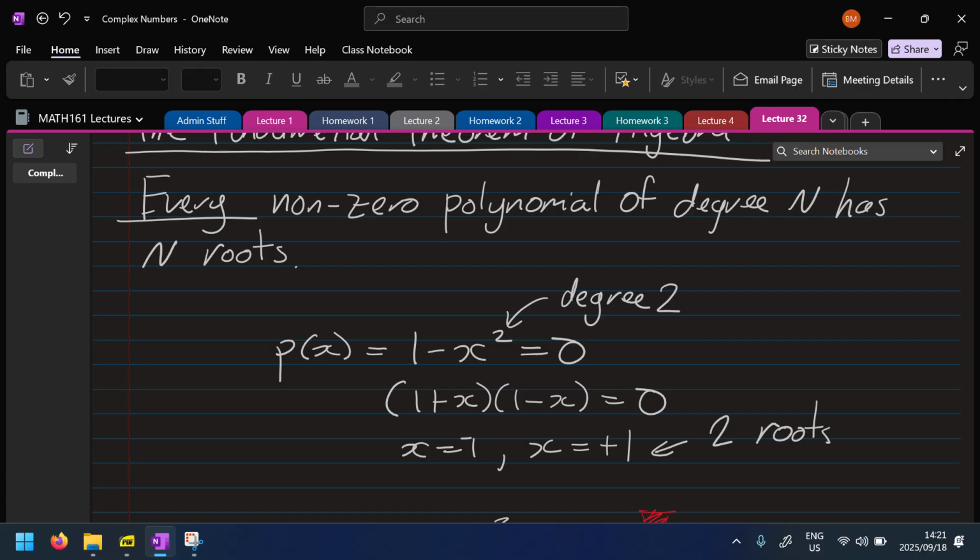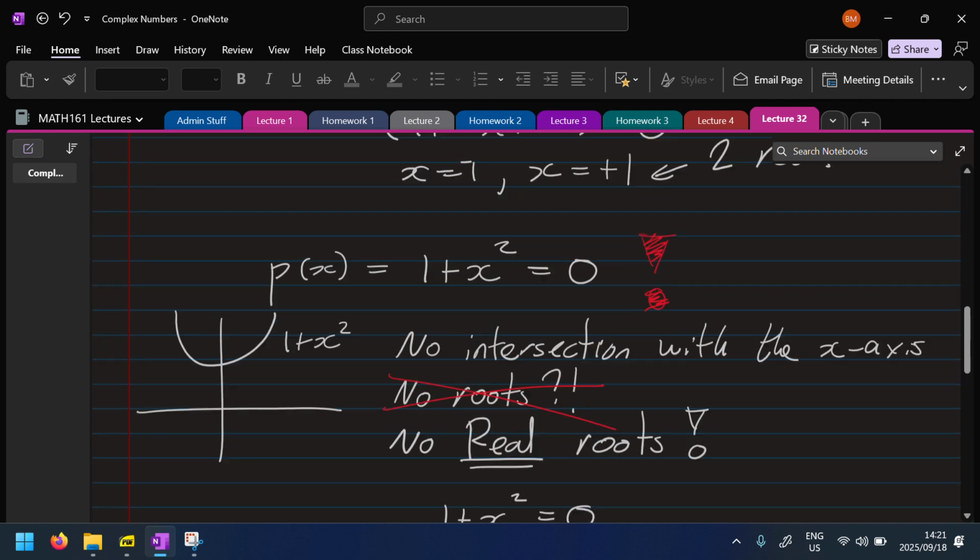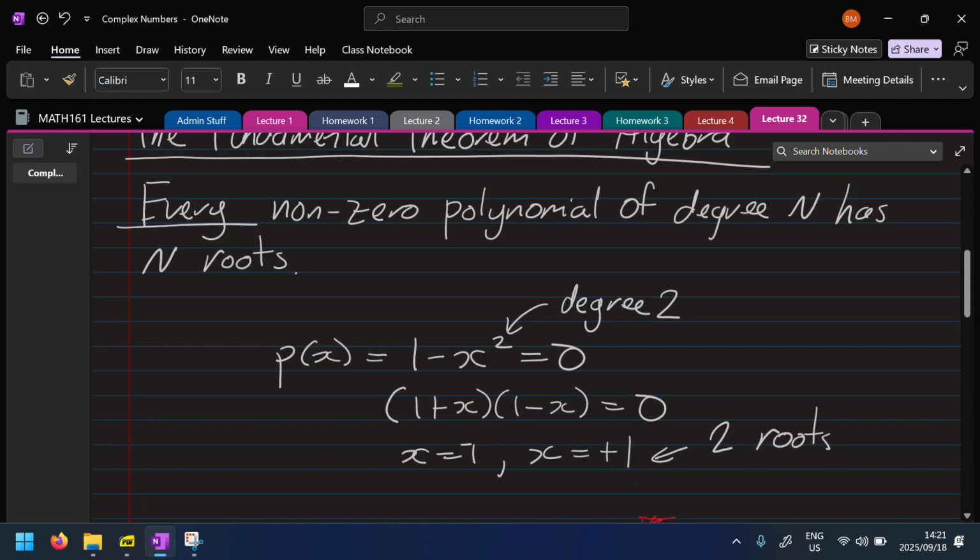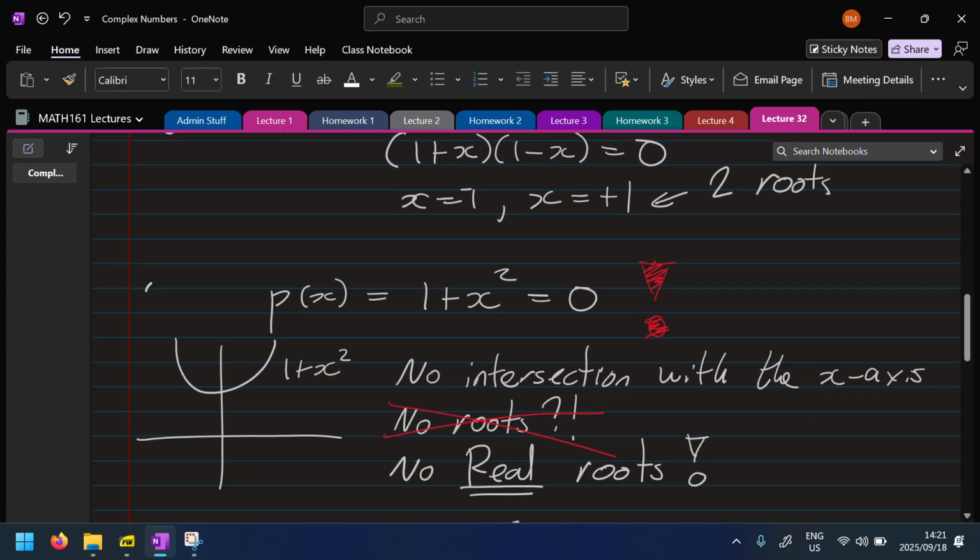Difference of squares, a squared minus b squared? 1 minus x squared, 1 plus x squared. No, they're two different examples. Don't mix them up. This is example 1, and this is 2. Two separate things.